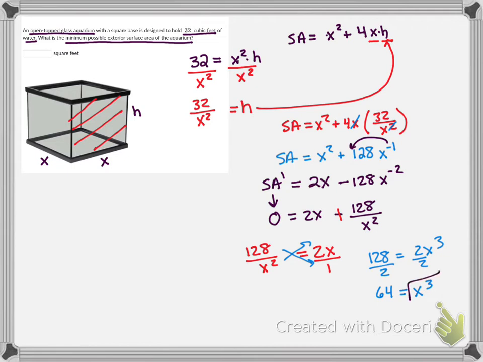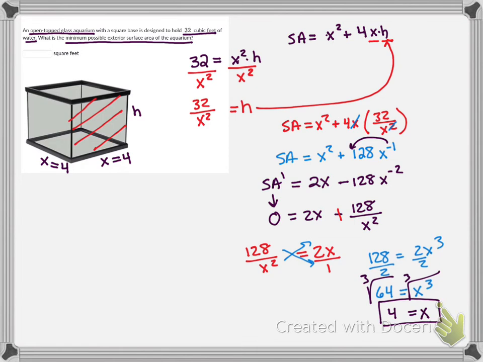The cube root of both sides, well, 4 times 4 is 16, times another 4 is 64. So x must equal 4. When this is 4, that will produce the minimum possible surface area, we think.